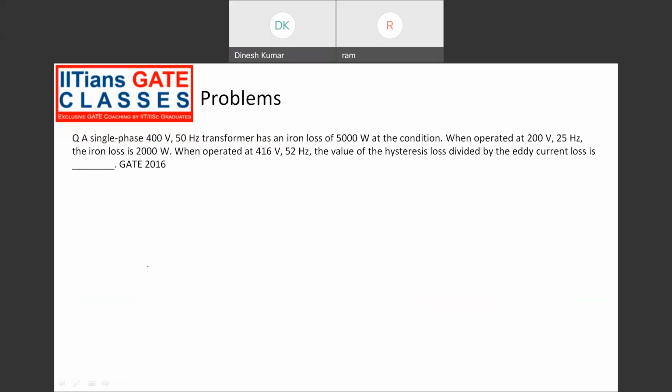A single phase 400 volts 50 Hz transformer has an iron loss of 5000 watts. When operated at 200 volts 25 Hz, the iron loss is 2000 watts. When operated at 416 volts 52 Hz, they are asking us to find out the value of hysteresis loss divided by eddy current loss.